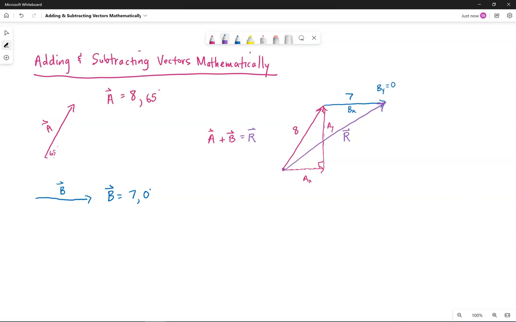The resulting vector takes into account the rightward vector AX and the rightward vector BX.